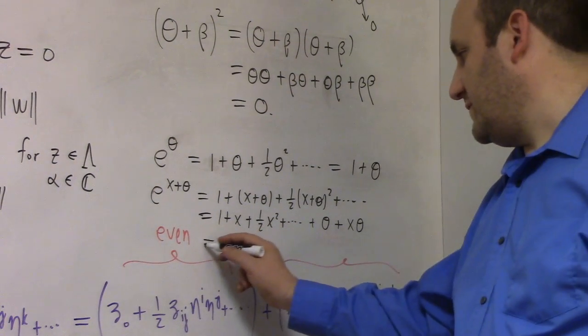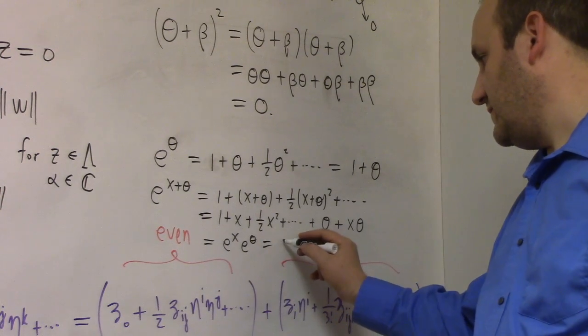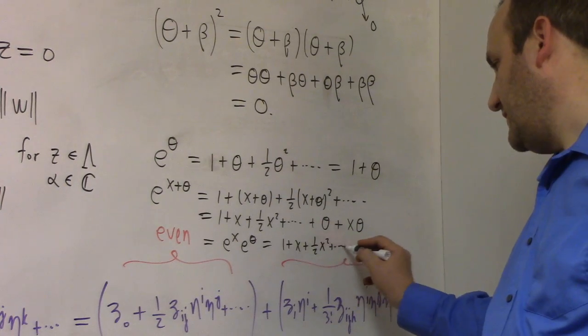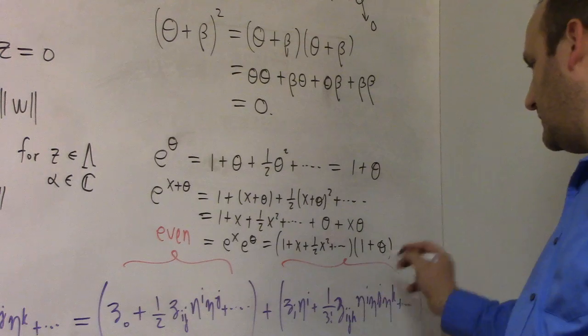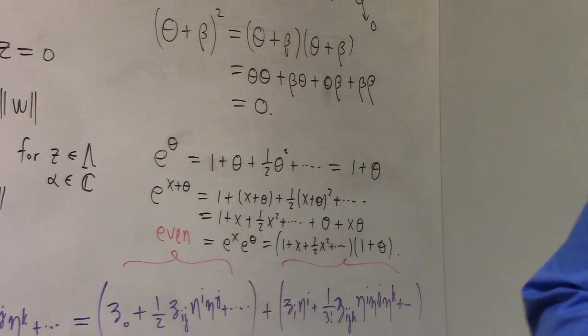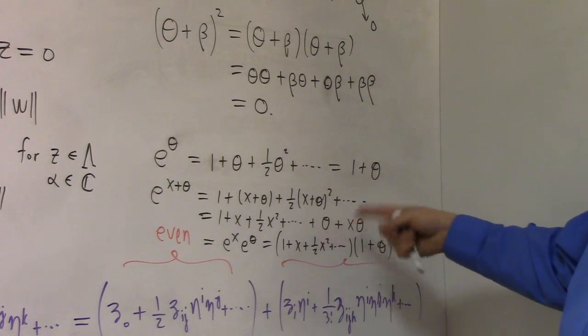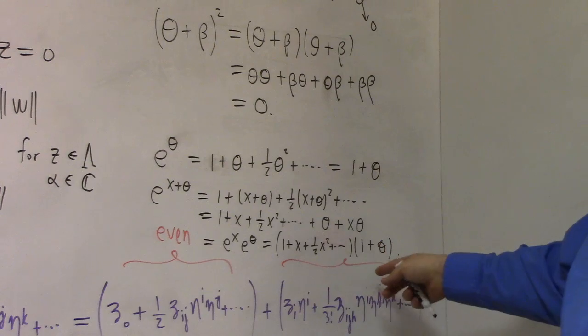Anyway, when you keep doing this, what you'll get is the same as e to the x times e to the theta. I'm kind of in a hurry right now, so I can't prove it for you, but I'm pretty sure that's what happens. If you keep foiling it out, you'll be able to collect these x theta terms, and you'll end up generating higher and higher orders of x.